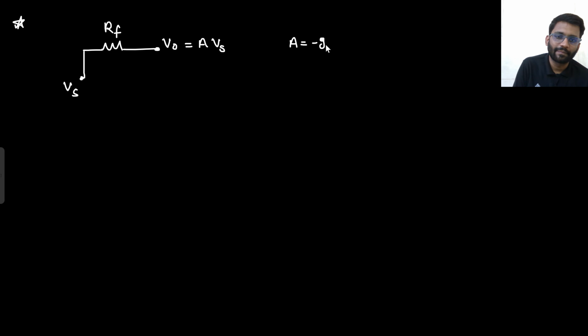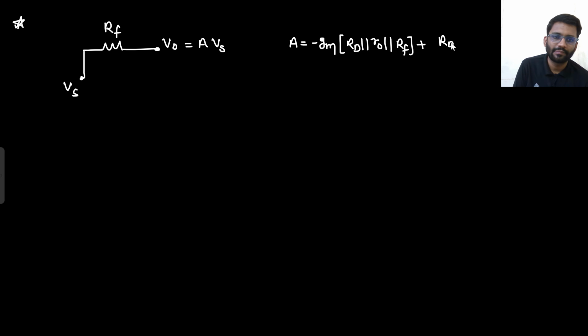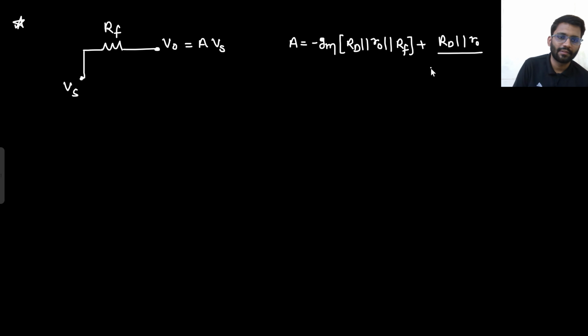Minus gm, Rd parallel R0 parallel Rf, plus Rd parallel R0, upon Rf plus Rd parallel R0. Right?